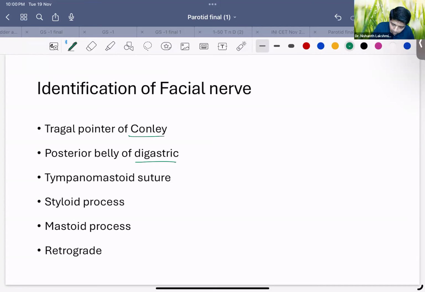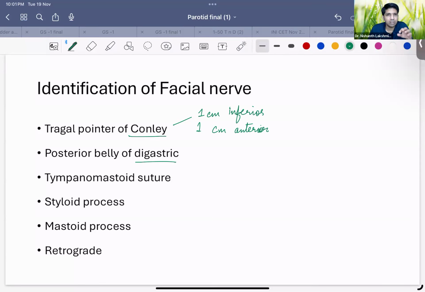Next is the tragal pointer of Conley. One centimeter inferior, one centimeter anterior. Okay, inferior and anterior. That is where, from the tragal pointer of Conley, you will find the trunk of the facial nerve.